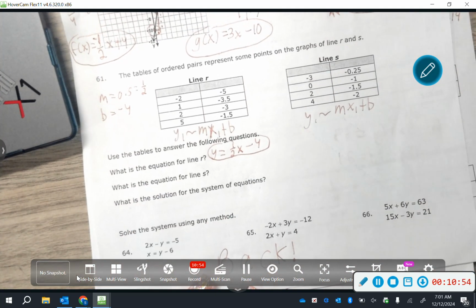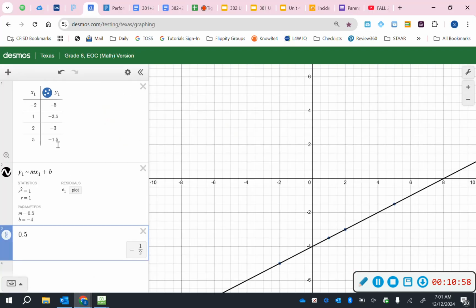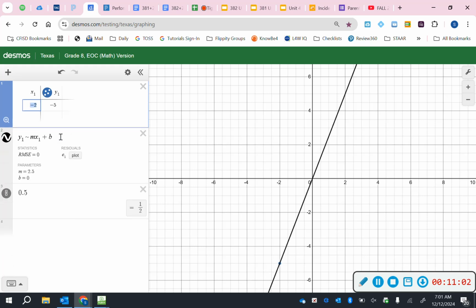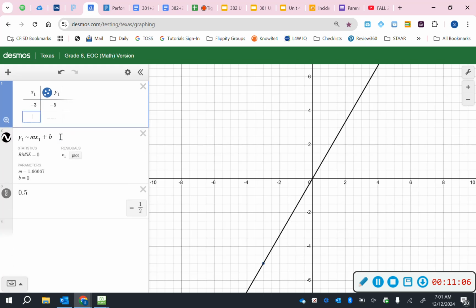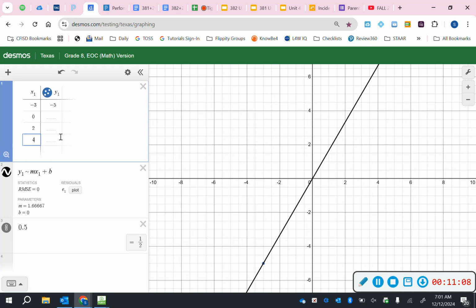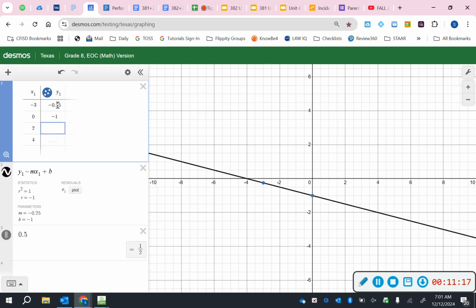All right, now I'm going to do the same thing for line S. So let me erase the points they gave us. Okay, so they gave us -3, 0, 2, and 4. For my y's, they gave us -0.25, -1, -1.5, and -2.